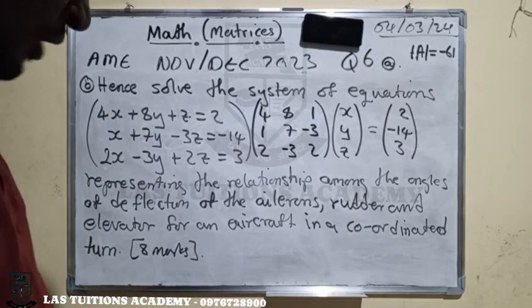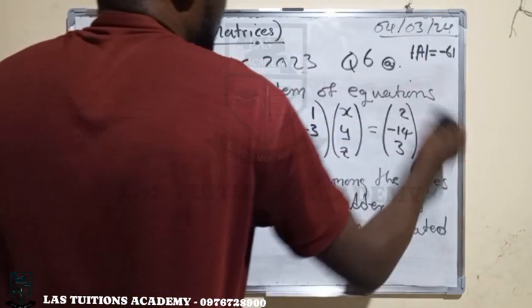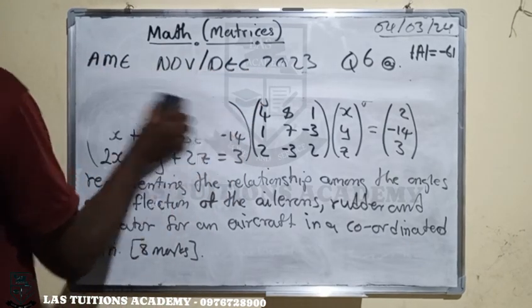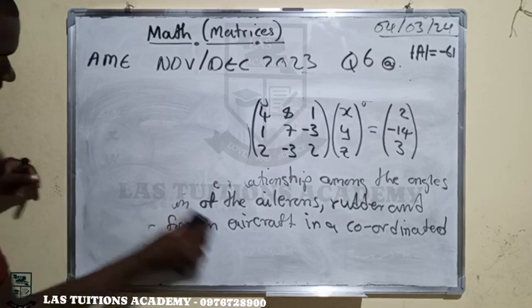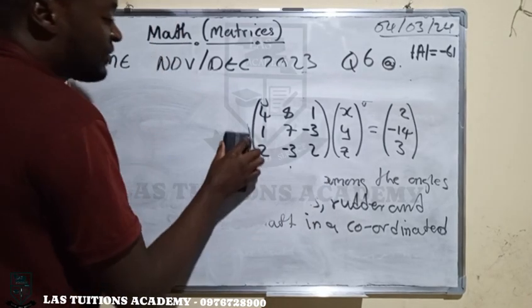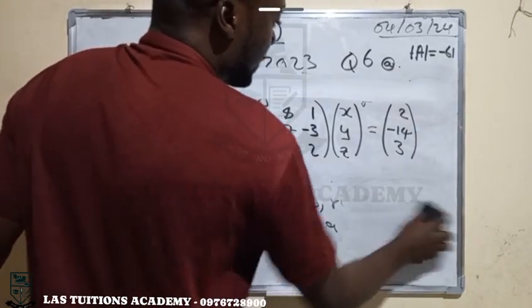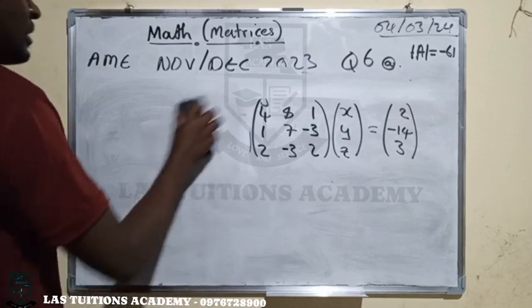So now from there, since we are told hence, it simply means you are going to use the inverse method to solve this system of equations. The hence comes about because you have already done the inverse. So after you have done the inverse, you simply need to work out the problem using the inverse method because you have already solved the inverse.